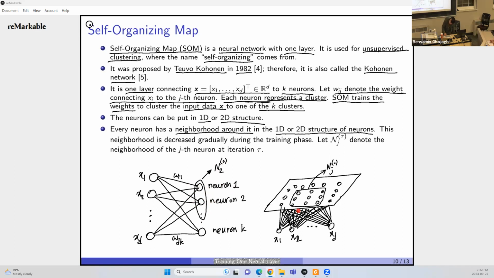In 2D, you have both rows and columns, so it becomes like a square. This neighborhood is decreased gradually during the training phase. It's initially big, then it's decreased gradually. Let Nj(tau) denote the neighborhood of the jth neuron at iteration tau. So it's an iterative algorithm, right?